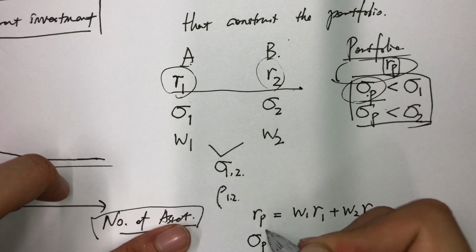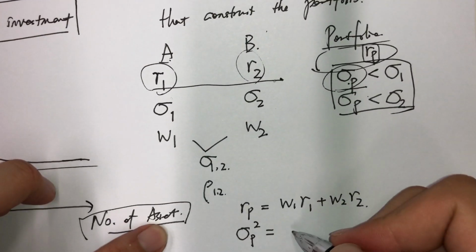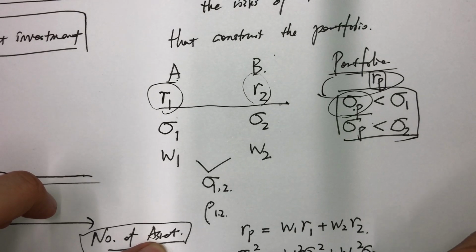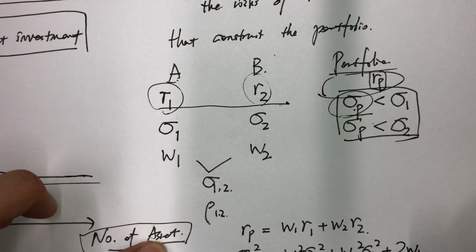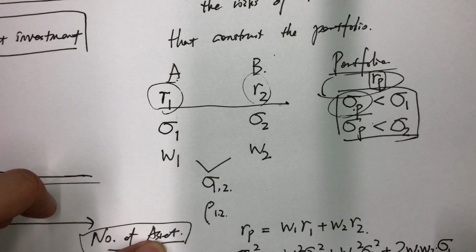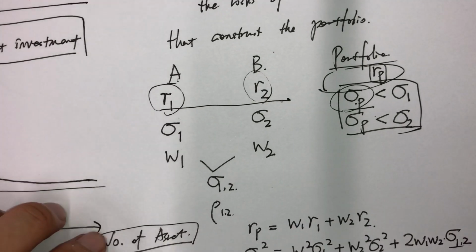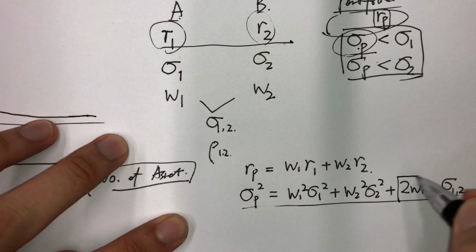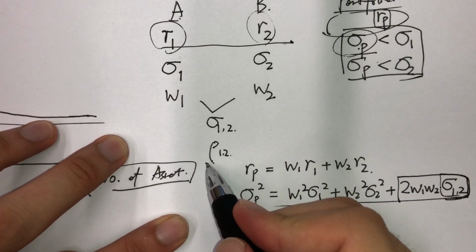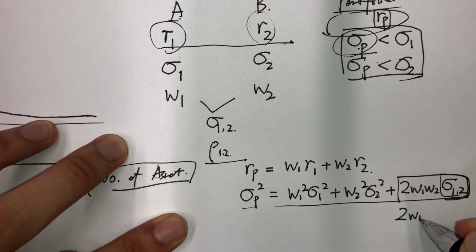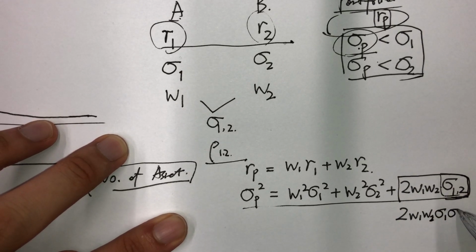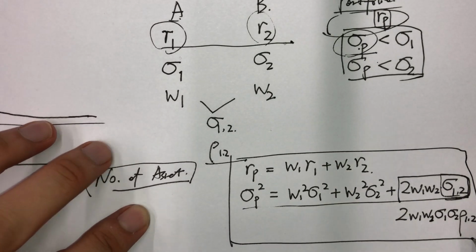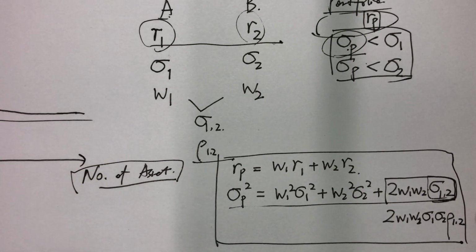And sigma P squared is given by W1 squared sigma 1 squared plus W2 squared sigma 2 squared plus 2 times W1 W2 times sigma 1,2, which is the covariance between those two assets. In addition, this can be rewritten in terms of rho, which gives 2 times W1 W2 sigma 1 sigma 2 rho 1,2. So those are the formulas that you probably need to put in your formula sheet in the exams.